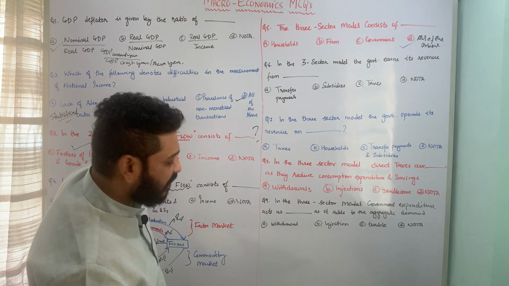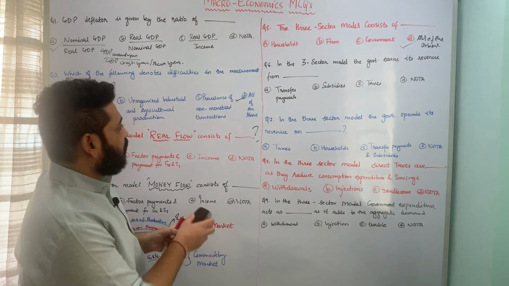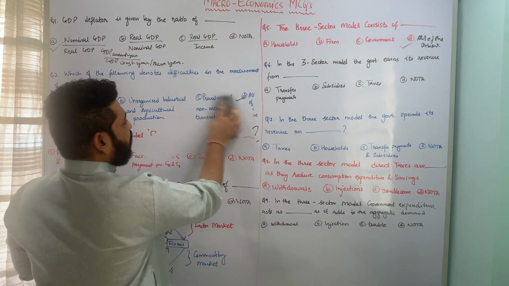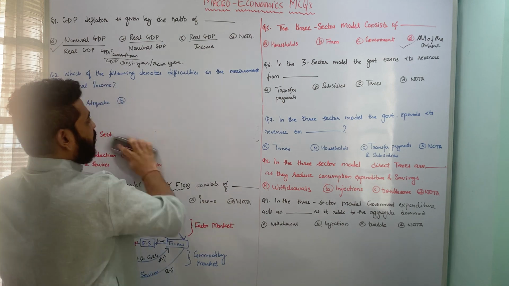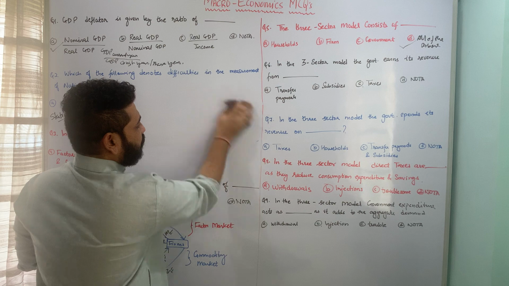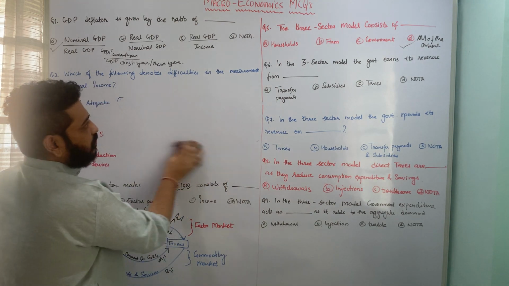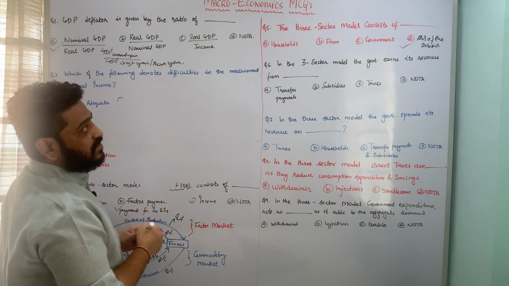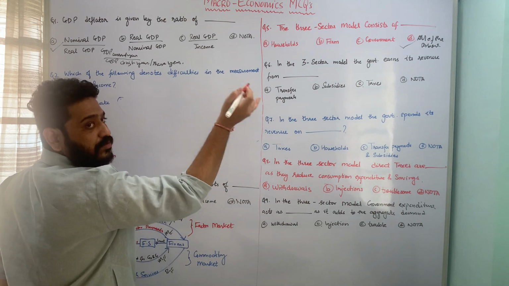But before looking at that, let me draw here for you. I'll just erase this and we'll look at the three sector model here. So now the three sector model, the first question says three sector model consists of household, firms and government.